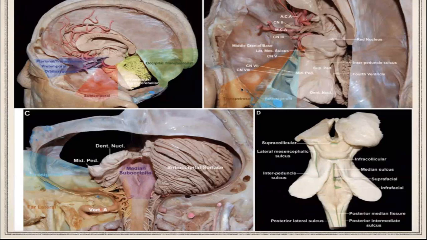You can go presigmoid, transpetrous, the whole family of them, retrolabyrinthine, partial translabyrinthine, transcochlear. You can do retrosigmoid, you can do a Kawase approach, you can do far lateral, and those are another depiction of the so-called safe entry zone.